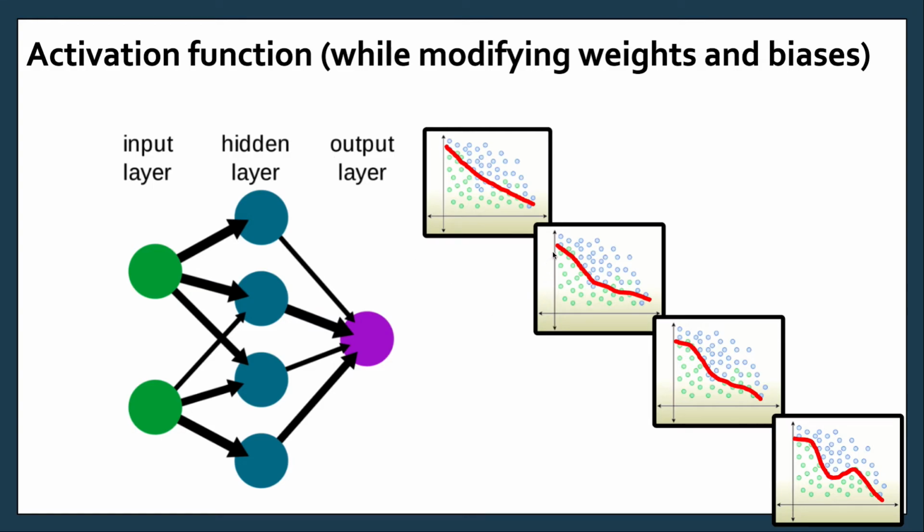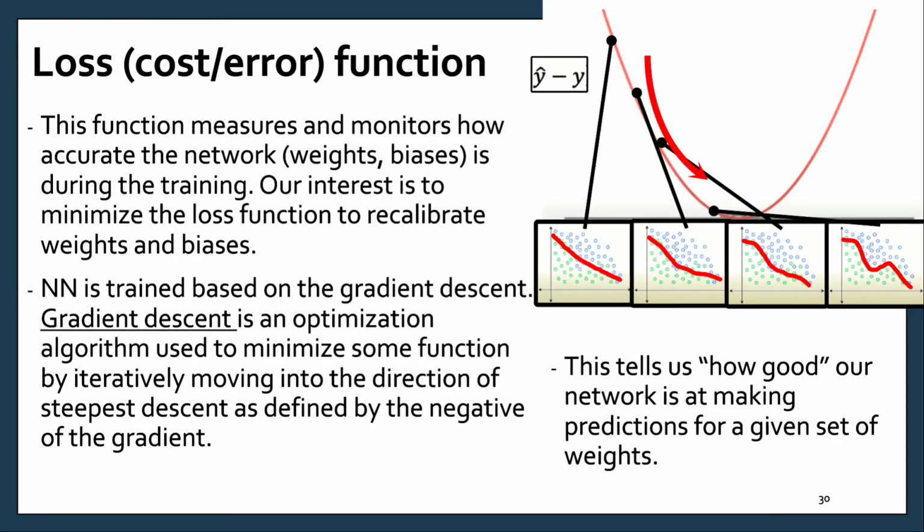As you can see, the line now moves in a way that provides the correct boundary to different classifications. As you can see in the last image down here, the blue and green data points are now better divided.